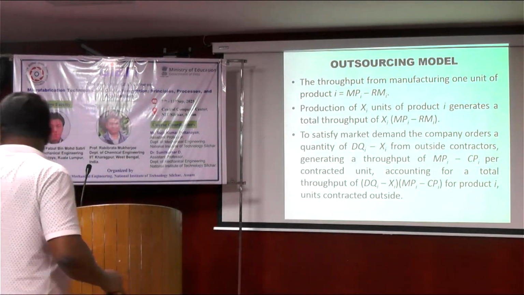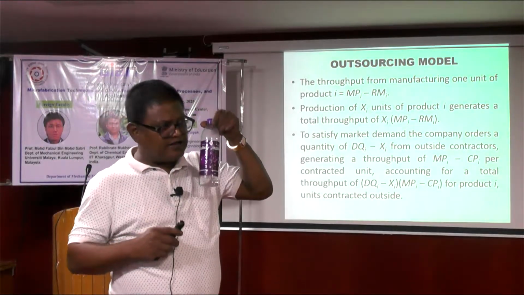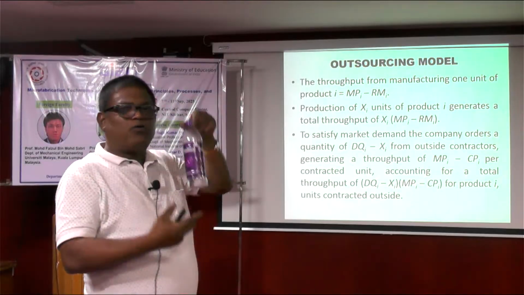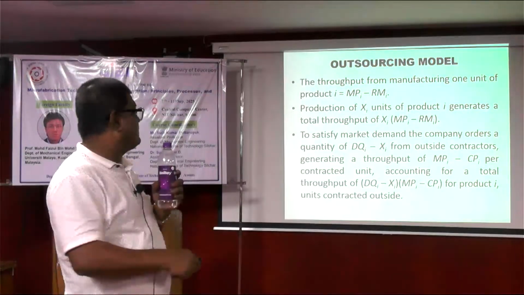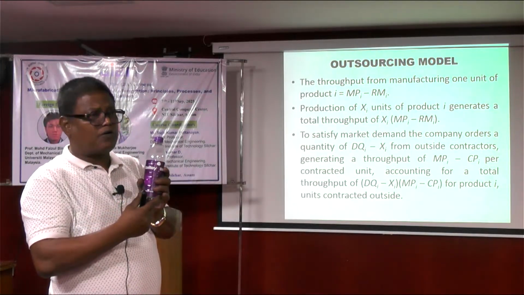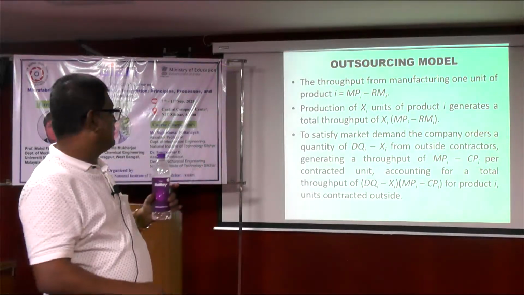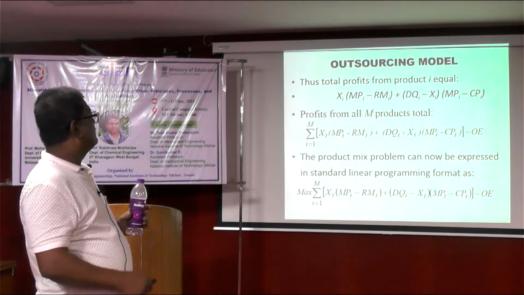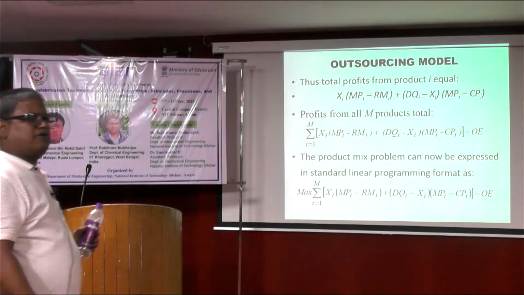So if I consider a particular product, how much am I producing in-house? XI. How much am I getting outside? DQI minus XI. This is the throughput of the product I manufacture inside, and this is the throughput of the outsourced item. So the total throughput of this product is this plus this: XI into (MPI minus RMI) plus (DQI minus XI) into (MPI minus CPI).